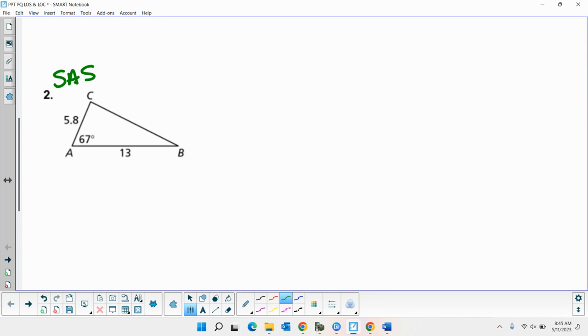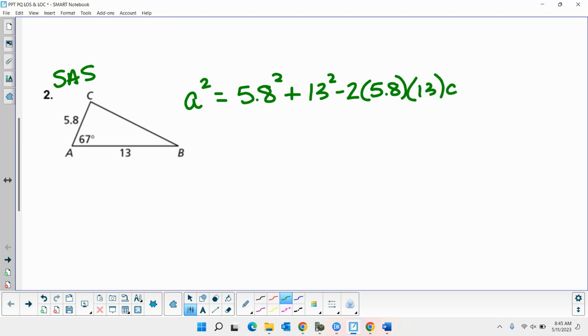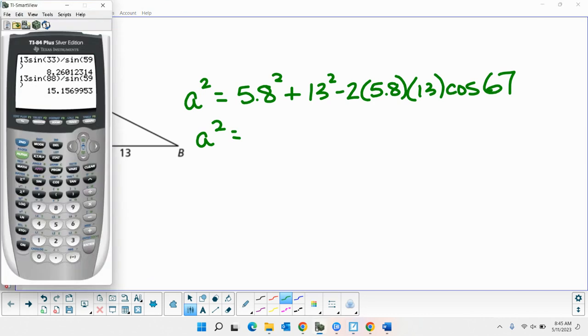A. All right, so you're going to use A squared equals B squared plus C squared minus 2 times B times C times the cosine of angle A. All right, so that's going to give me a number. I can put all of that in my calculator.